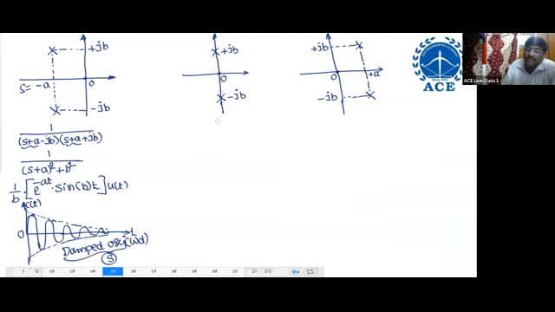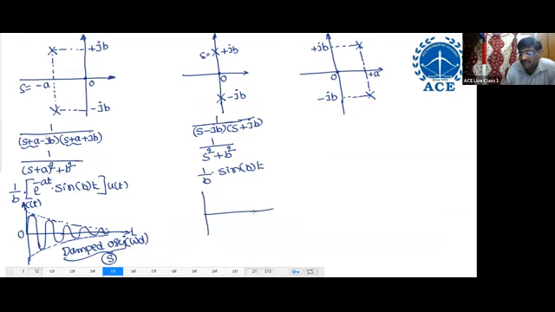Similarly, the second one: you do 1 by S equal to JB, which means S minus JB into S plus JB. Then what will we get? 1 by S square plus B square, so 1 by B sin BT. Now draw the response.